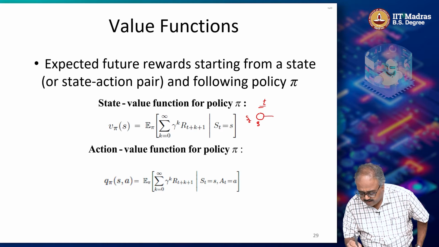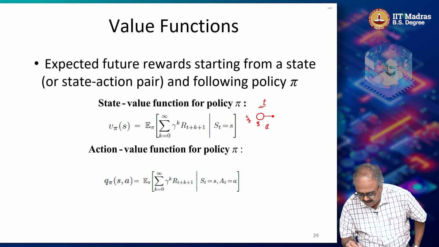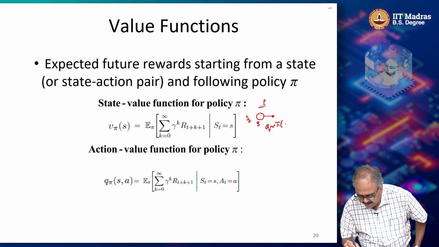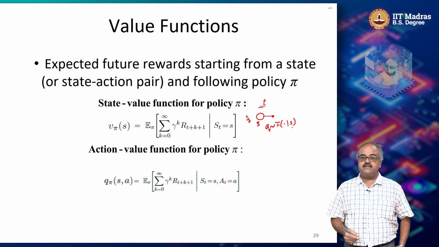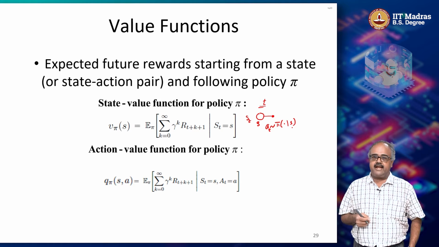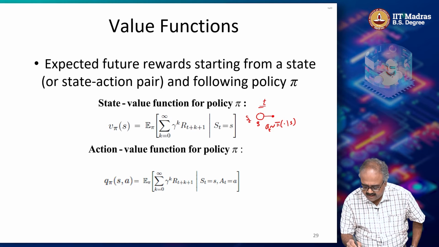And then you pick an action. How do you pick an action? You sample A_t by sampling from pi of s. Remember what pi of s is? The probability that you will take an action A given that you are in state S. So you will sample from this pi of s and take an action.